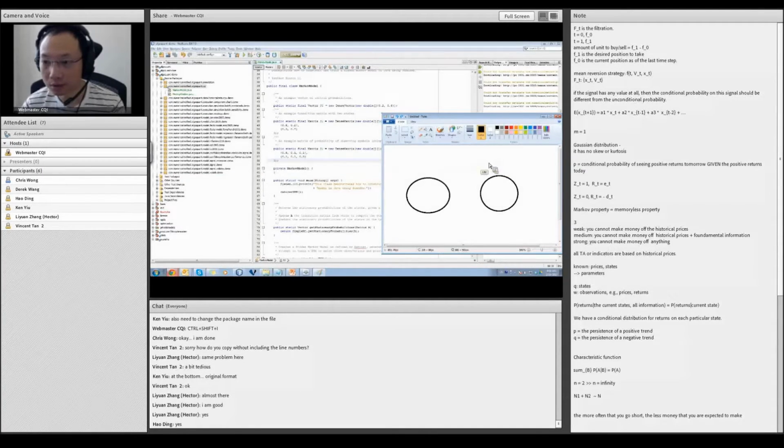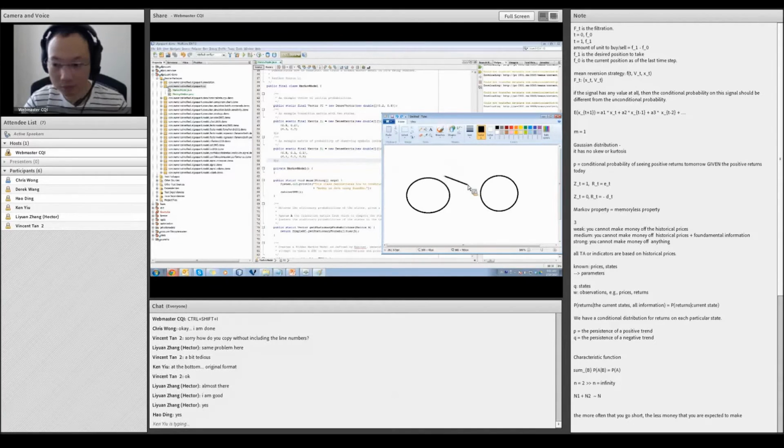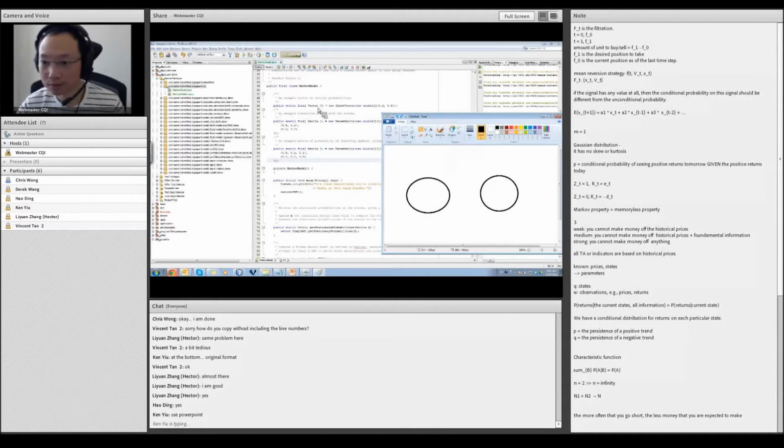Okay, so what this means is, here the transition probability is 0.2, and here the transition probability is 0.8. This is what the A1 matrix is saying. From state 1 to state 1, the transition probability is 0.8, and from state 1 to state 2, the transition probability is 0.2.